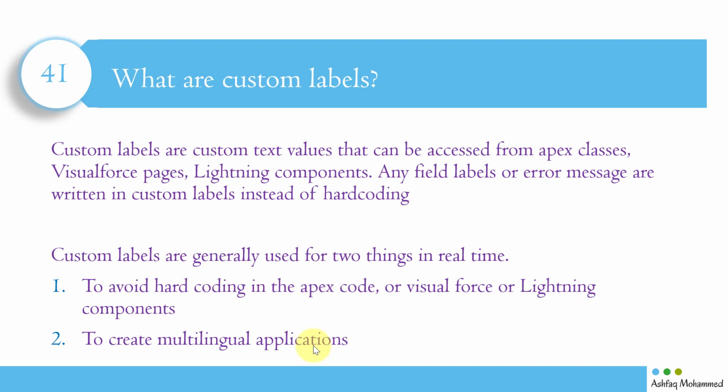And if I use custom labels, and you open custom labels, there is an option wherein you can create a similar translation for that first name. Maybe in Spanish you can write what first name is called, right? And for the last name also, you can write what it should be in Spanish, right?